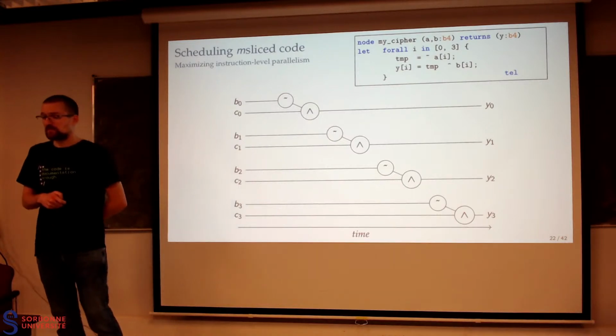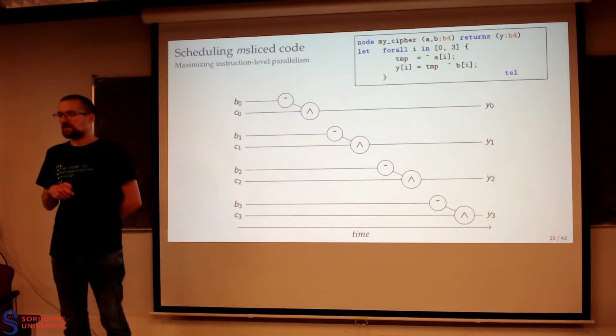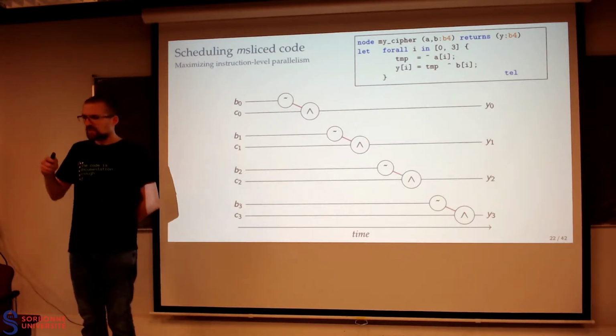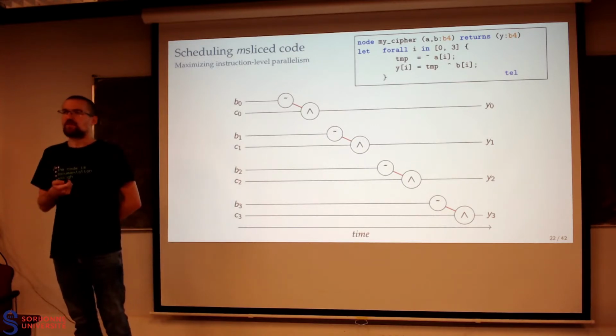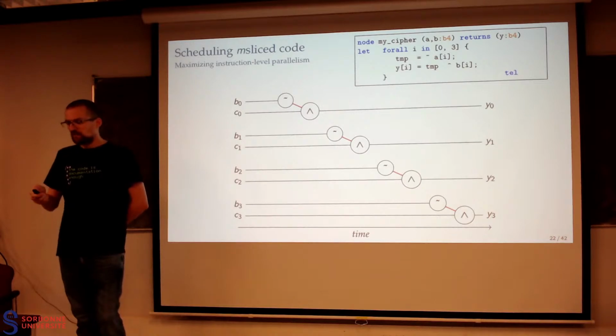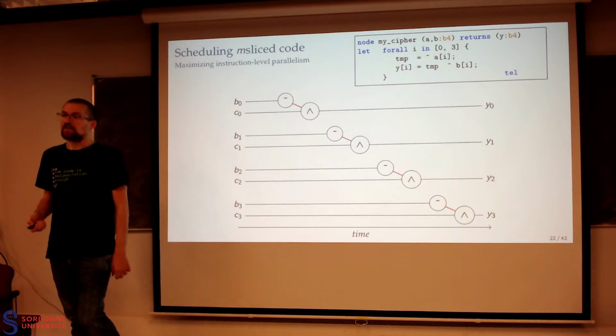So if we consider a simple example, a node which contains a for loop, which does a NOT and a XOR, but the XOR uses the result of the NOT, well, the bitwise NOT and the XOR cannot be computed during the same cycle because there is a dependency between them. So in that case, this code would execute in 8 cycles, and there would be no instruction level parallelism at all.